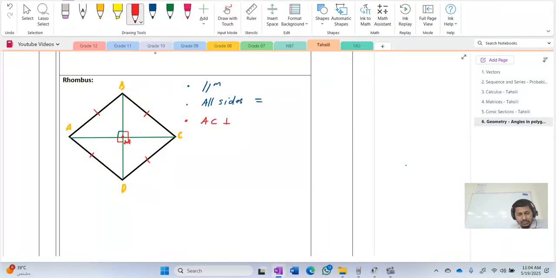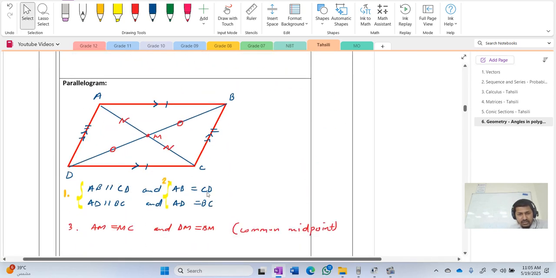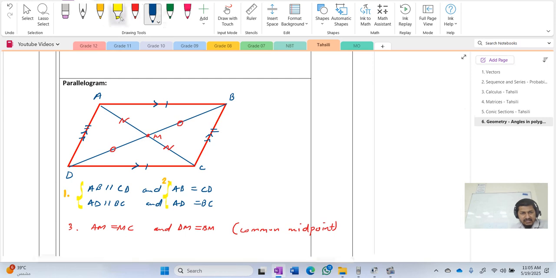Now about the angles, we need to go back to the parallelogram, the opposite angles. I forgot to mention that. Remember, the opposite angles are also the same in parallelograms. So this angle and that angle.